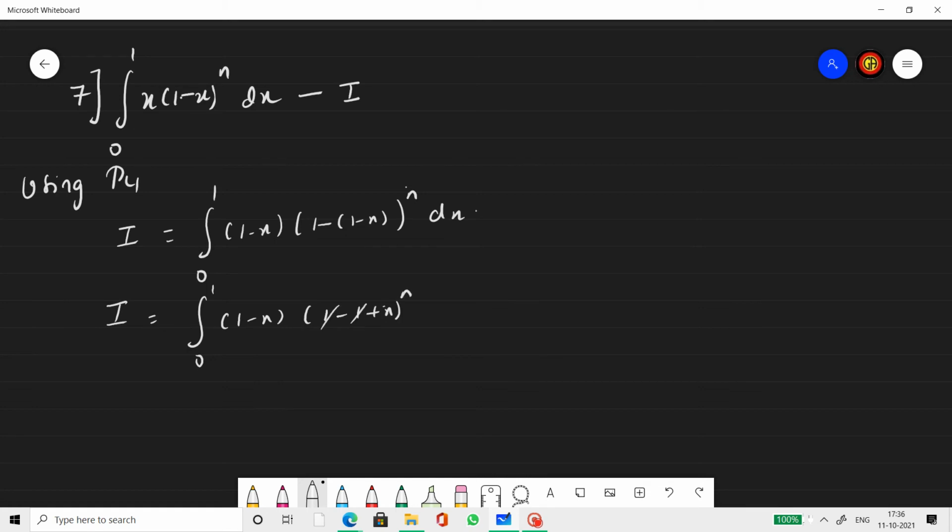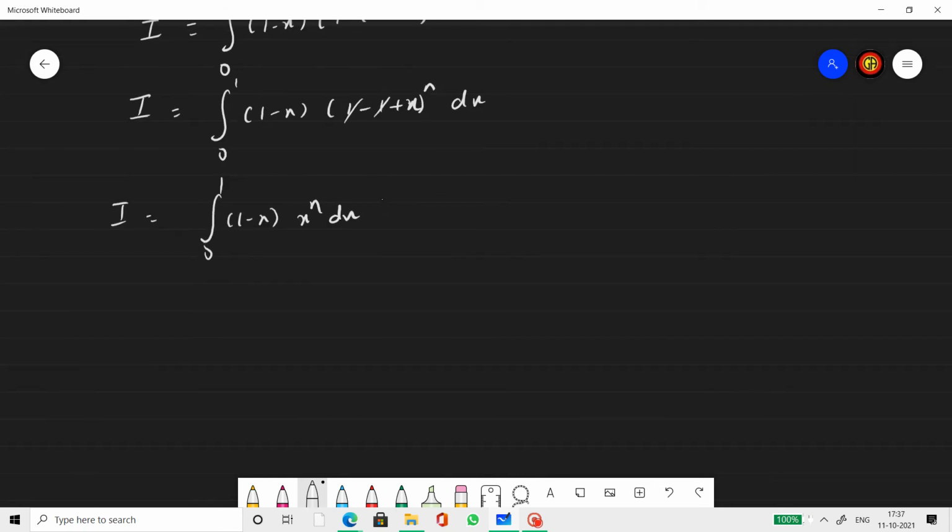Plus 1 minus 1 gets cancelled, dx. So it is I equals integration from 0 to 1 of (1 minus x) into x power n dx. Now the problem that we initially faced is not here. The power is shifted from 1 minus x to x power n now.